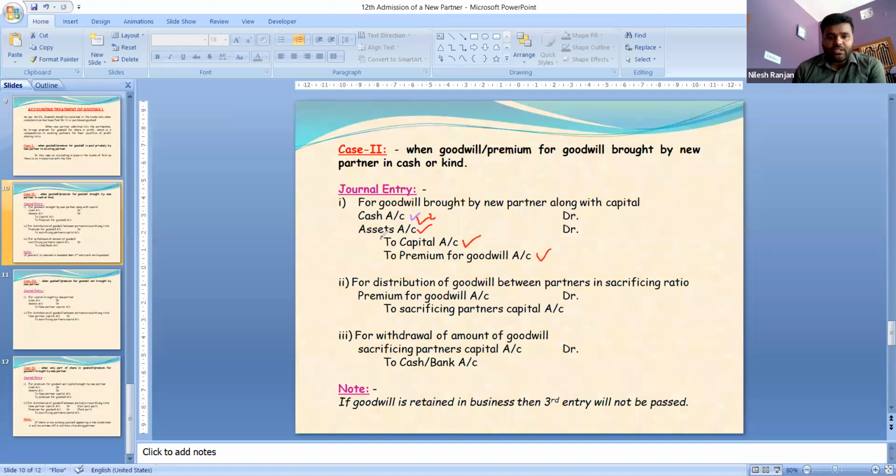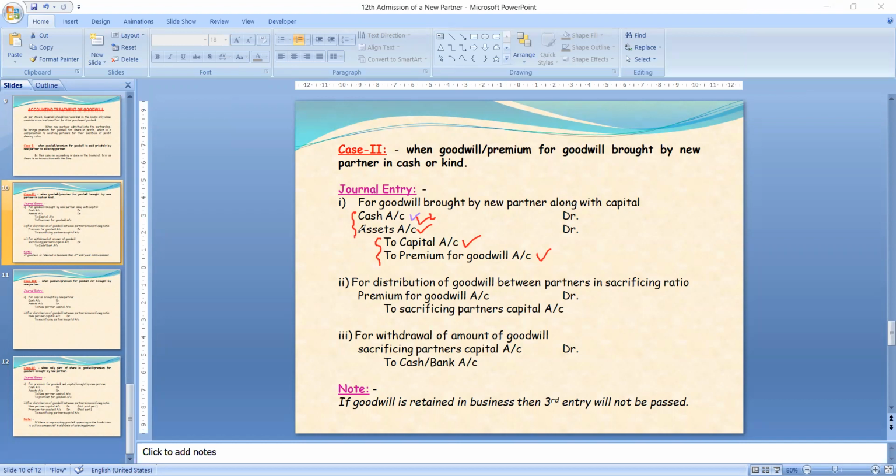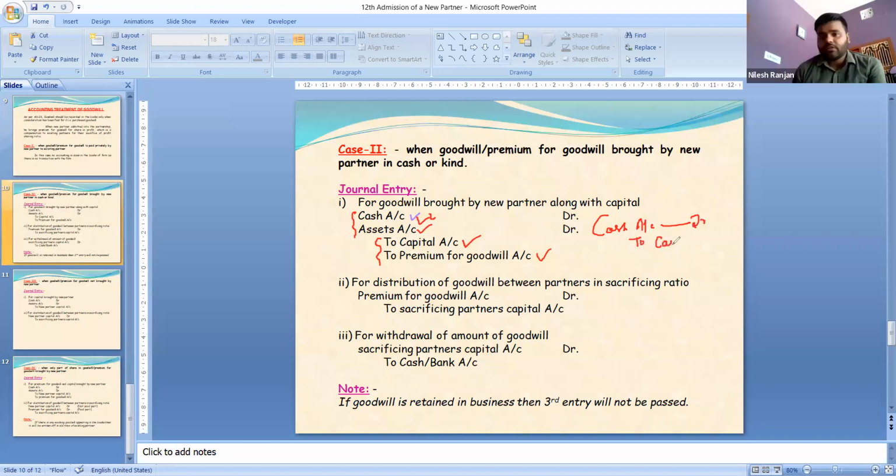So capital and premium for goodwill will be on the credit side and cash and assets will be on the debit side. But you have to remember one thing: if only cash is brought by new partner, not assets, then you don't have to write assets account debit. You have to write: cash account debit to capital and to goodwill.